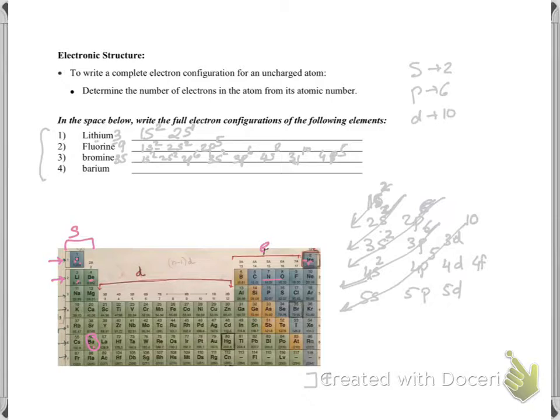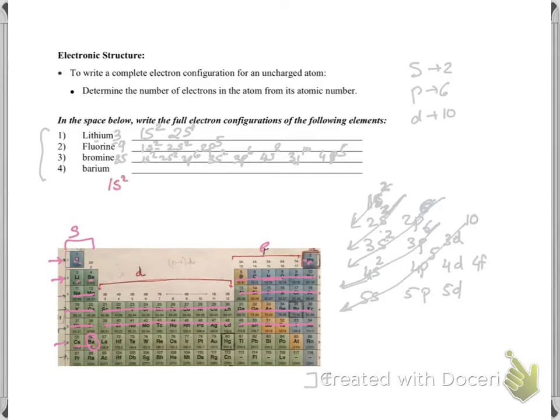So how many? 6, 2p6, 3s2, 3p6, 4s2. Now we are entering d block, so one less row number, 3d10, 4p6, 5s2, one less row number, 4d10, 5p6. Now in the sixth row, 6s2.